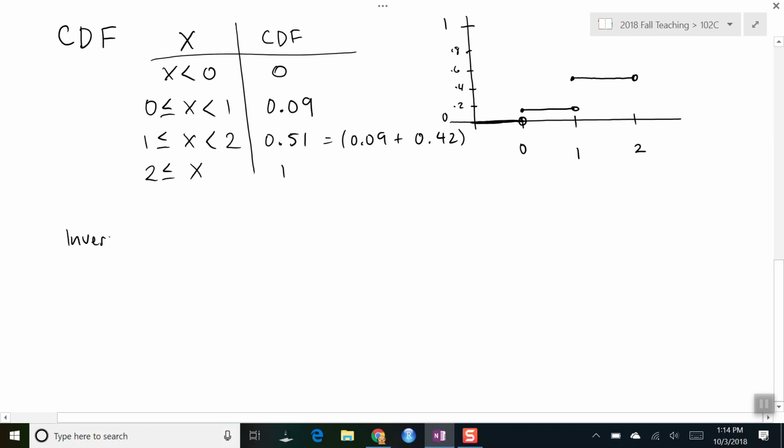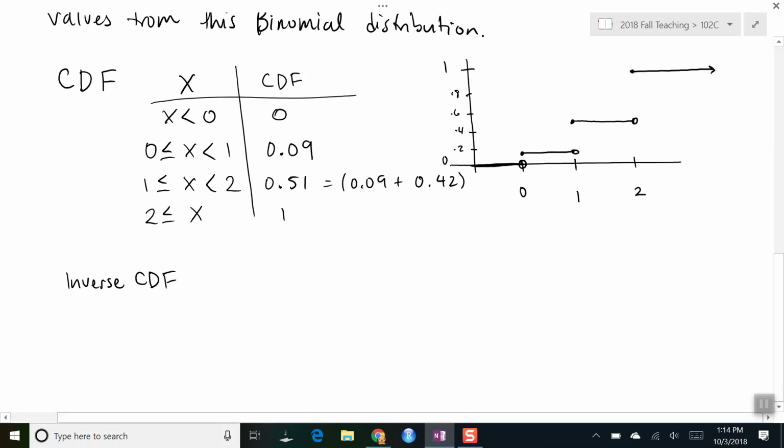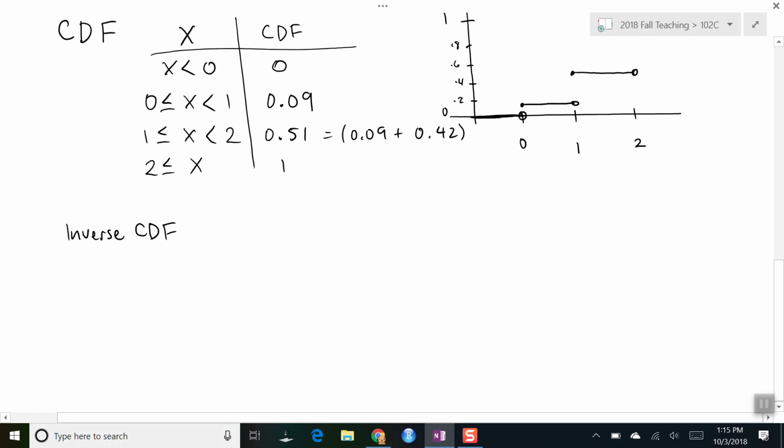What does the inverse CDF look like? Normally I would take this and reflect it around the axis.